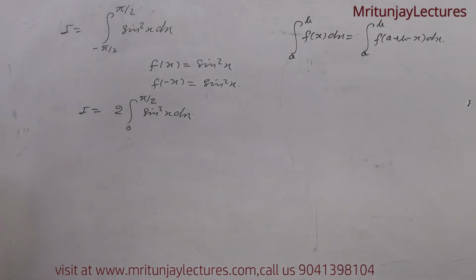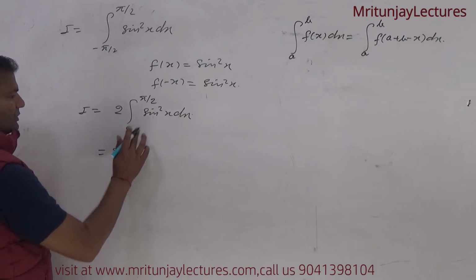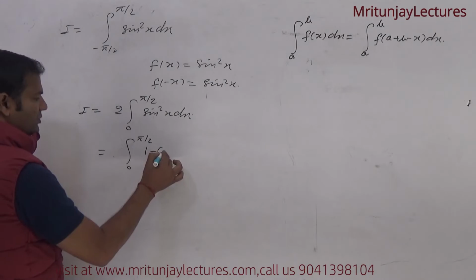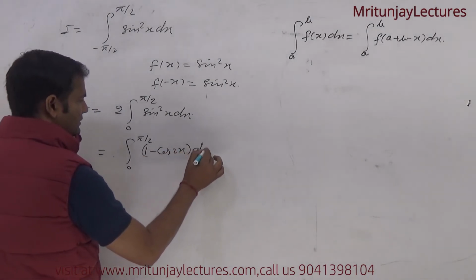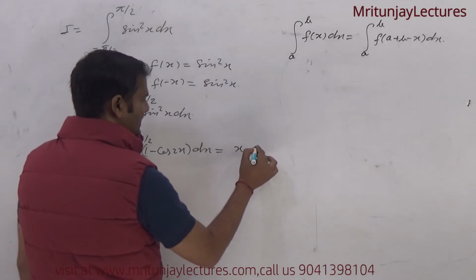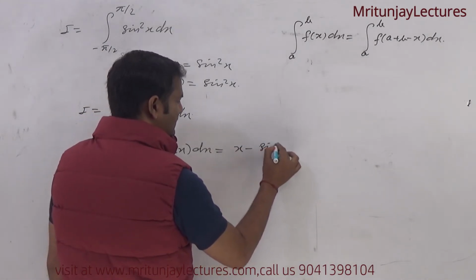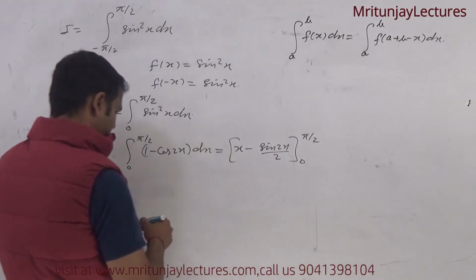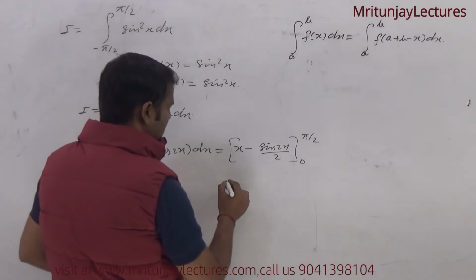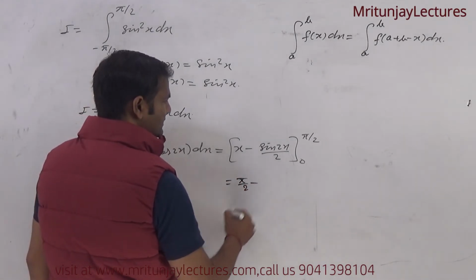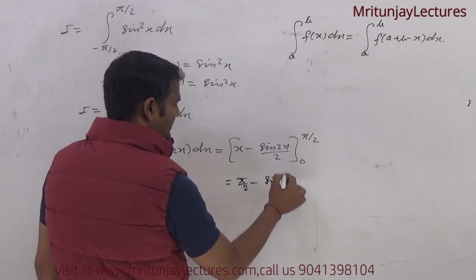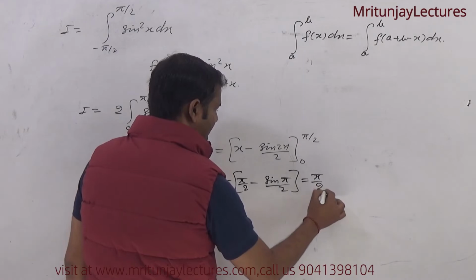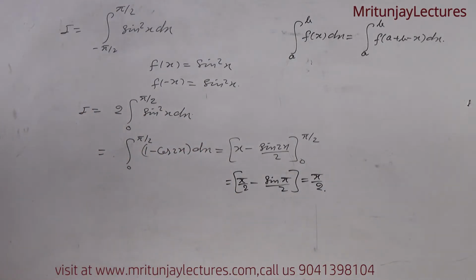Now you can solve it. 2 sin²x is written as 1 − cos 2x dx. So that is x − sin 2x divided by 2, from 0 to π/2, which gives π/2 − sin π divided by 2, that is π/2. Finally we get π/2.